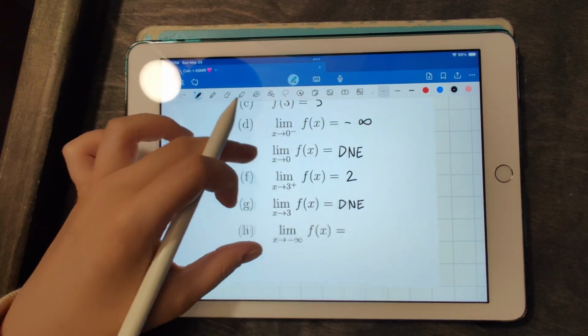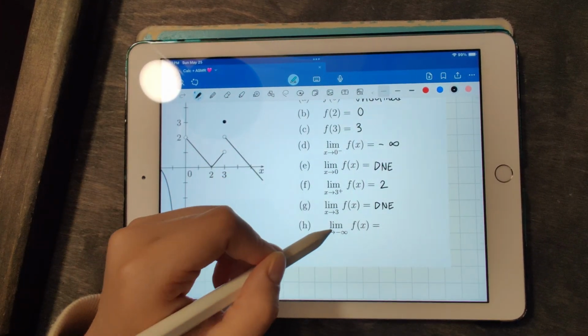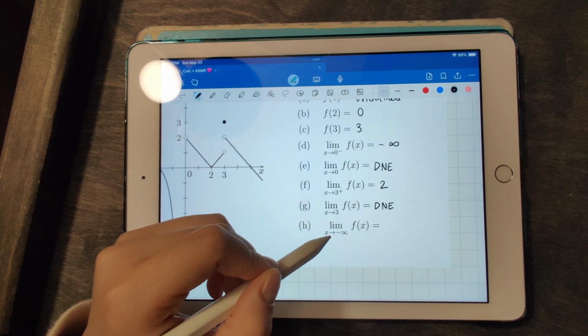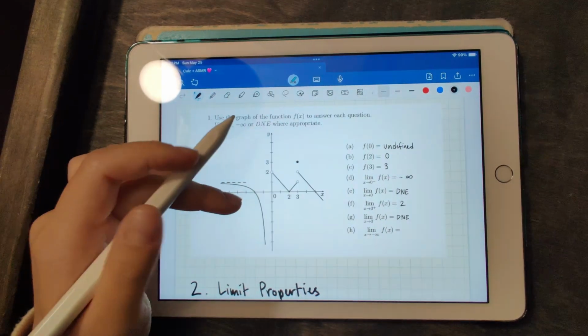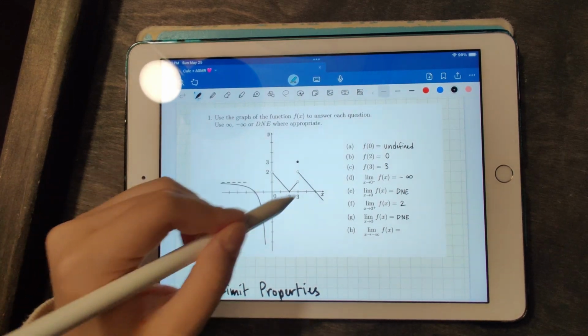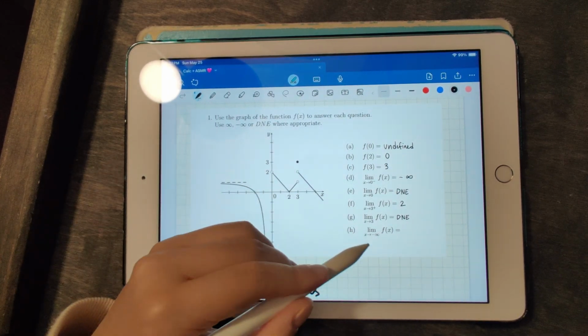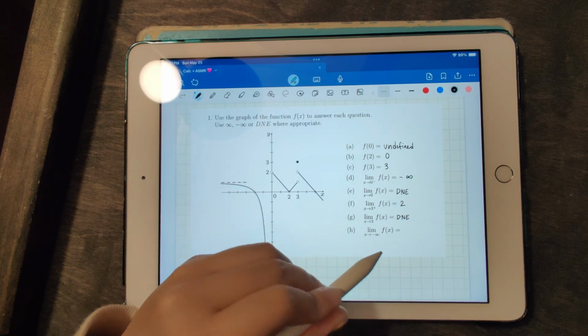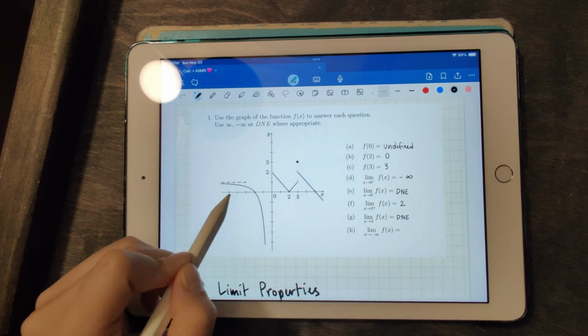Okay, and for the last question, the limit as x approaches negative infinity of f of x. So we can look here, graphically, visually, as x approaches negative infinity. So that's as x goes to this side.